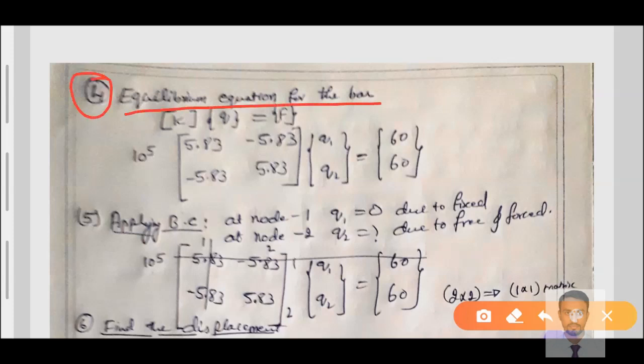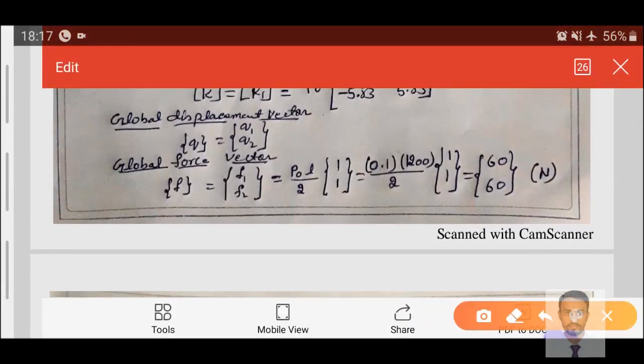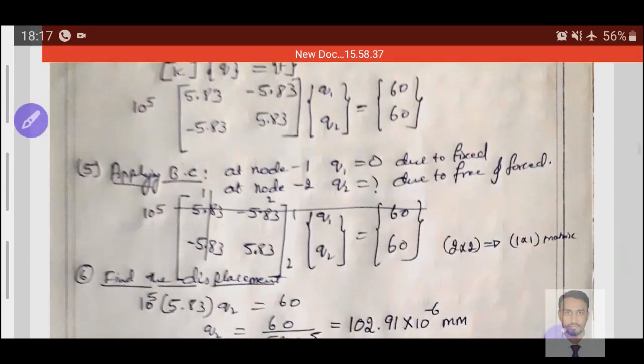Step number 4 of the finite element method is kq equals f. The k value we have found is 10 to the power of 5 times [5.83, minus 5.83; minus 5.83, 5.83], times q1, q2. The force is equal to 60, which we have taken from here, and we have equated these.